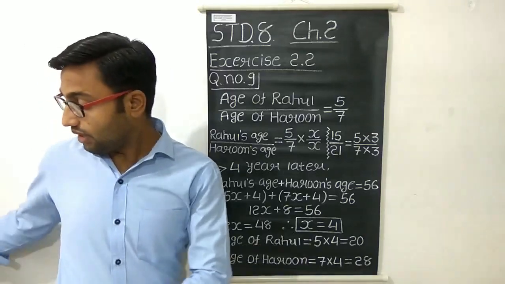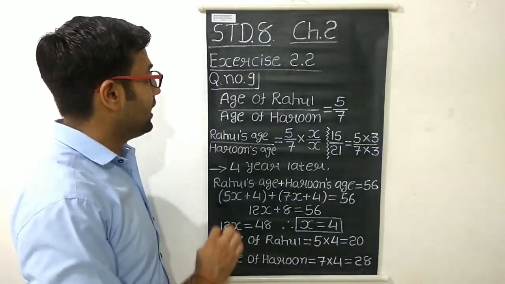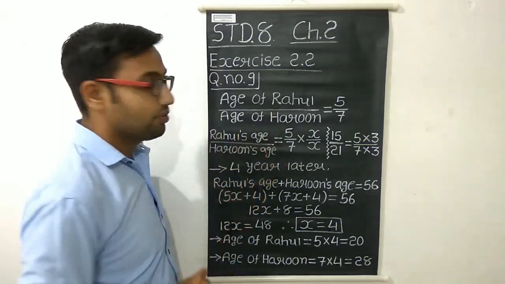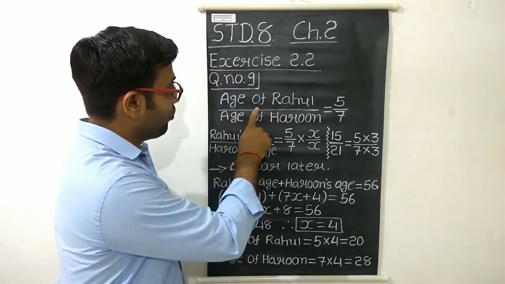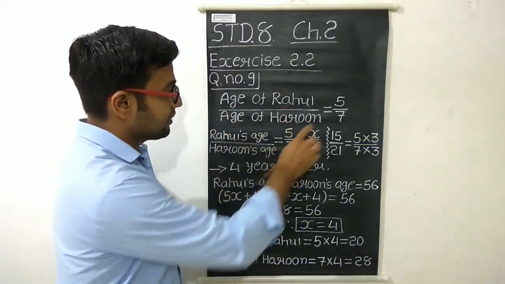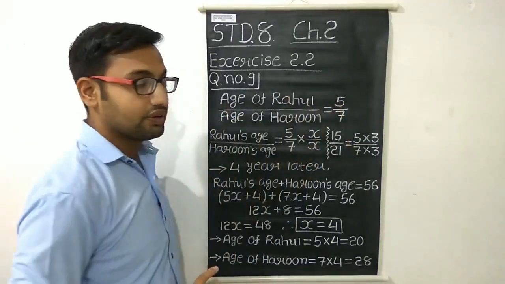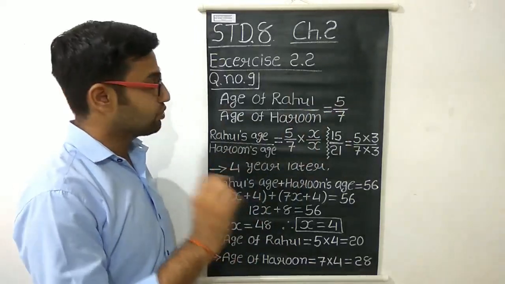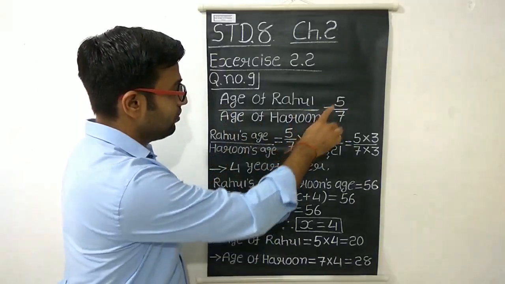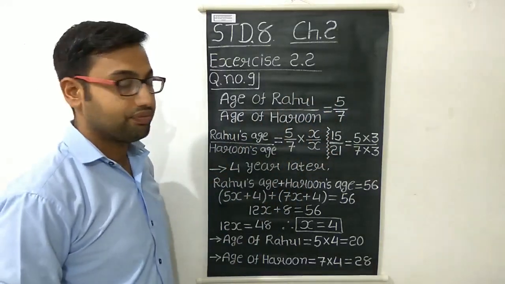So here we are given the ratio of ages of two persons, one is Rahul, the second one is Harun. So the age of Rahul upon the age of Harun is equal to 5/7. We are given 5:7, and we can write it as age of Rahul to age of Harun is equal to 5/7.